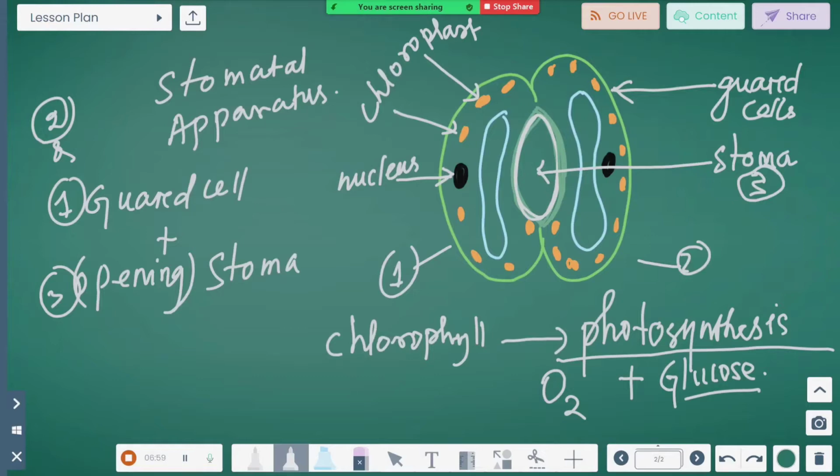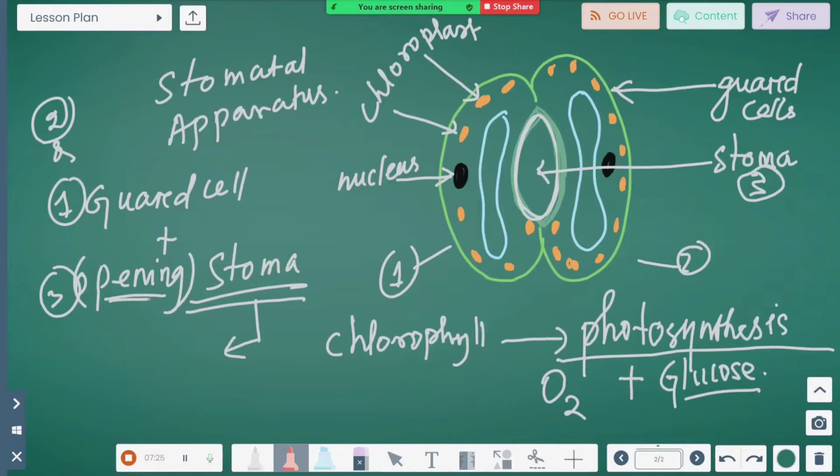The stoma is an opening, so it will allow exchange of certain materials. For example, if you make a small hole in a pouch of water, the contents will leak out.